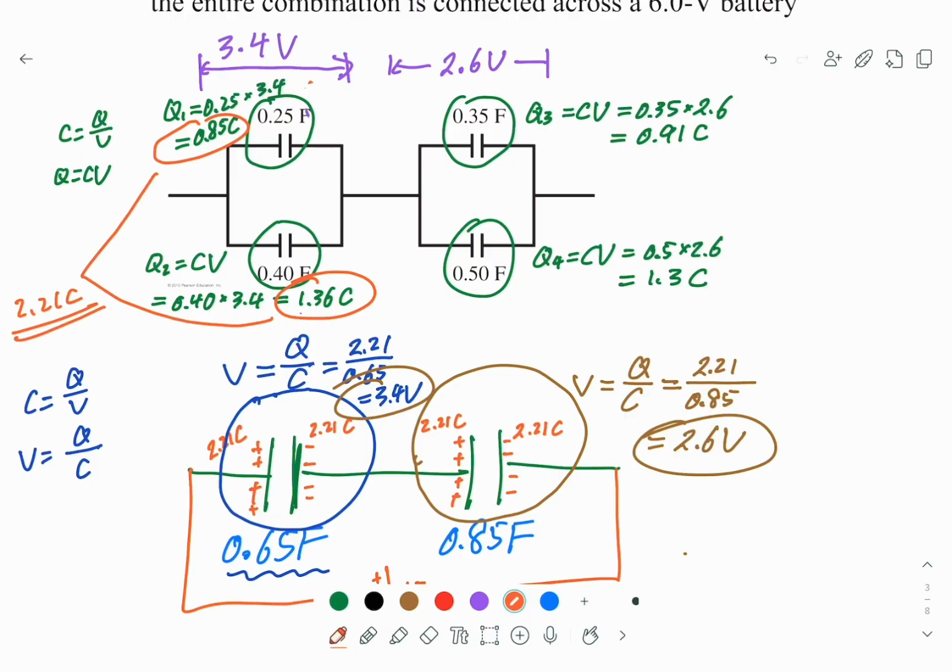This is exactly the same number here, and the same here. If we add Q3 and Q4, we also find 2.21 coulomb. So they're all consistent.